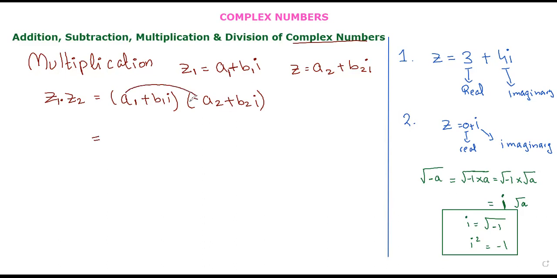First term into first term, like we do. Then a1 into this number, that is a1 b2 iota. Then let's use a different color. Then b1 iota into a2. It's very simple, I'm just multiplying everything.